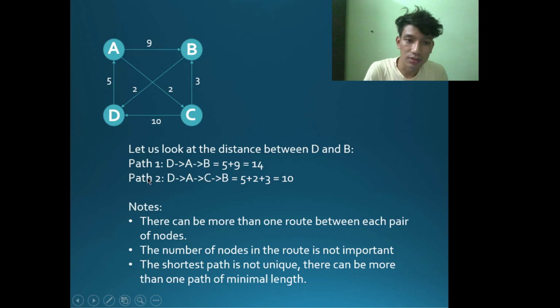So path 2 is shorter than path 1, and path 2 is the shortest distance from D to B. Similarly, for each pair of vertices in the graph, we will be able to find the shortest distance using the Floyd-Warshall algorithm.